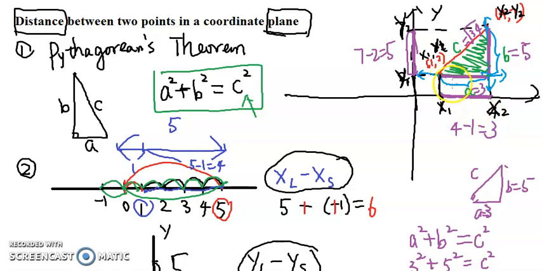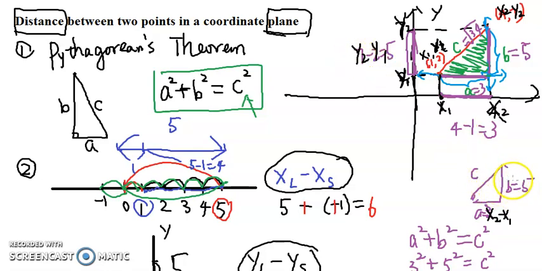So if you look how we got this a here, we're taking 4 minus 1. In this case, it's x2 minus x1. So a is going to be equal to x2 minus x1 in general. Similarly, we did 7 minus 2, but now it's y2 minus y1 instead of 7 minus 2.